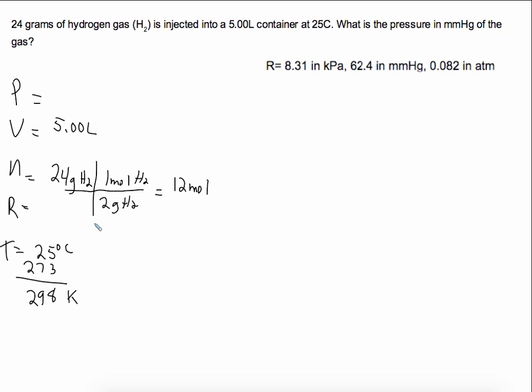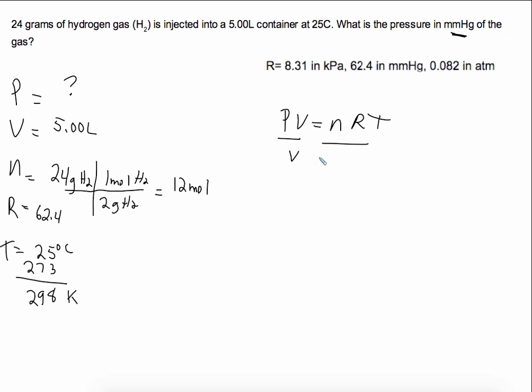Remember, we have to add 273. We always got to work in kelvins, 298 kelvins, okay? What is the pressure? So we're going to find the pressure, but it wants it in millimeters of mercury. That means we have to use 62.4 for our R value. That way we'll get the pressure in millimeters of mercury.